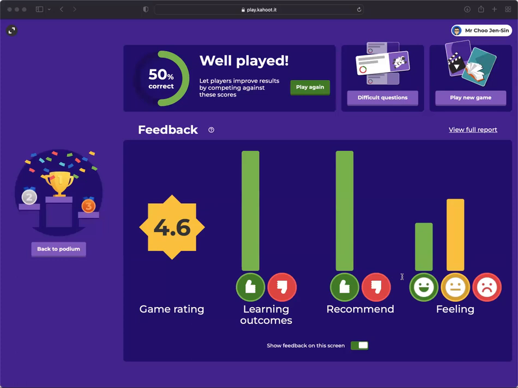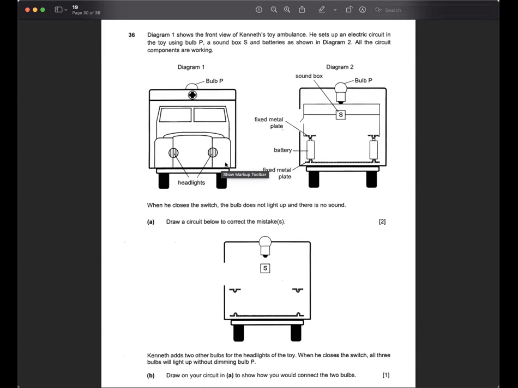We try to do some other question. Okay, let's do this question. Okay, who would like to try this question? Anybody like to try this question? Anyone?